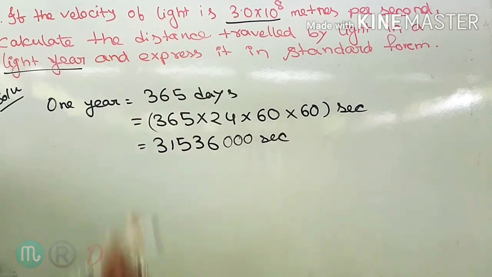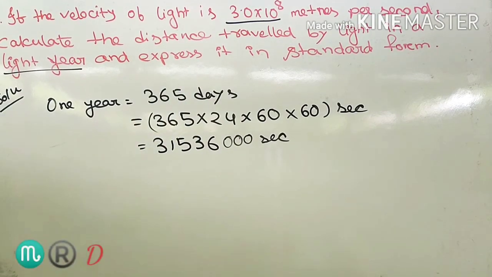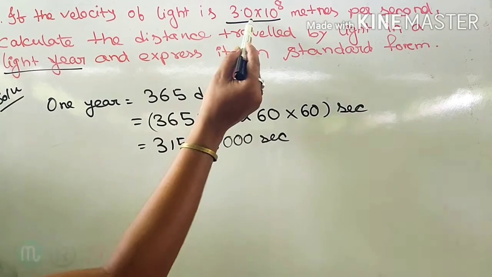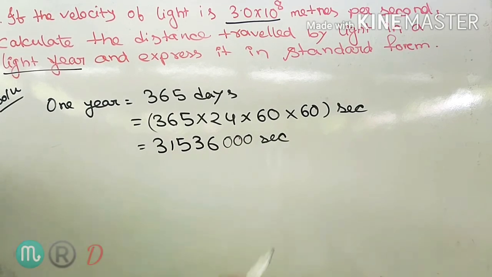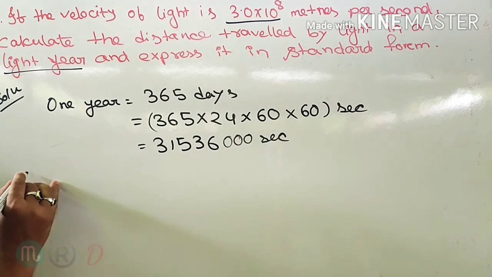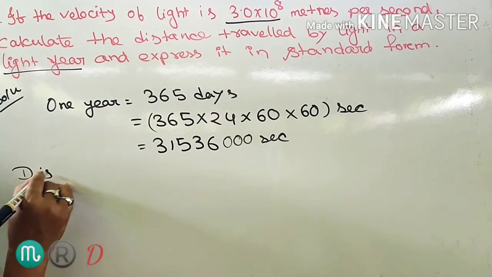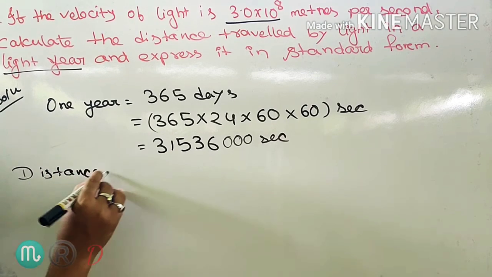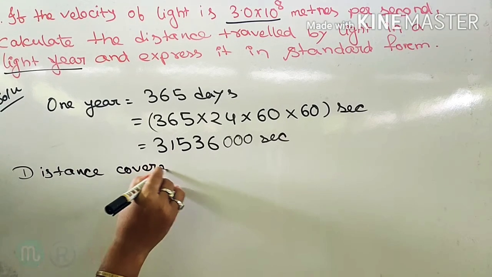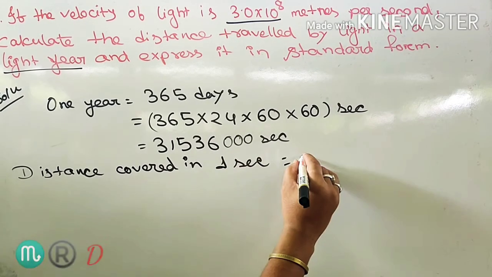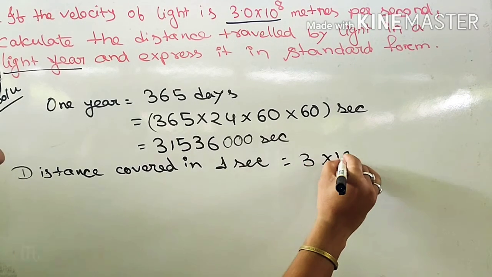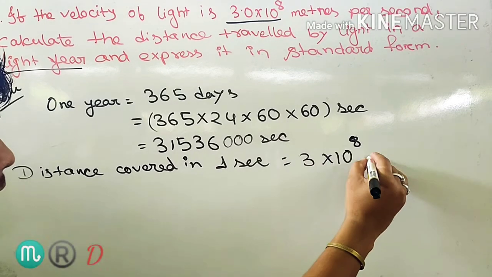Now the velocity of light is what? 3 into 10 to the power 8 meter per second. That means in 1 second the light covers this much distance. Then you have to find out the total distance covered in this many seconds. So we'll write distance covered in 1 second equal to 3 into 10 to the power 8 meter.